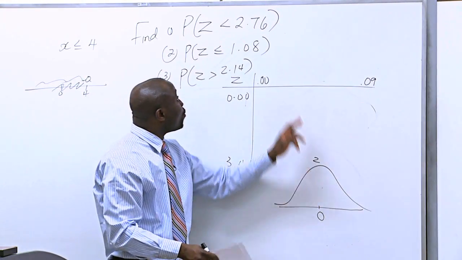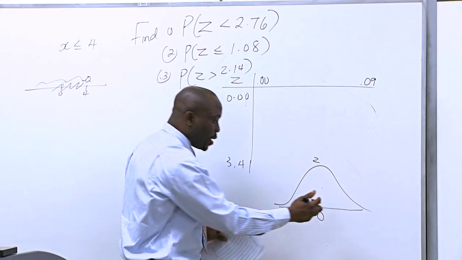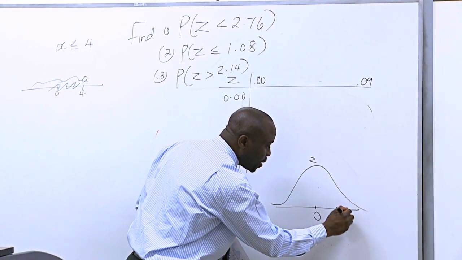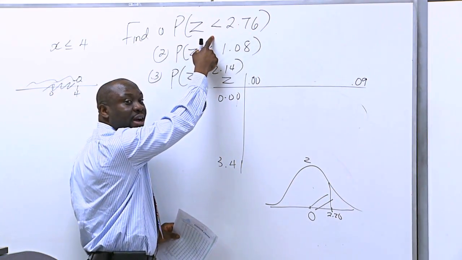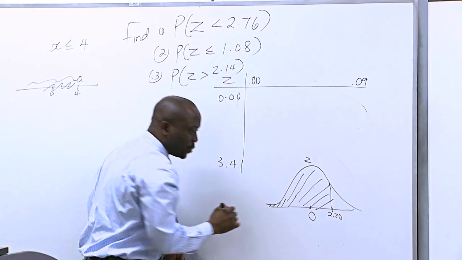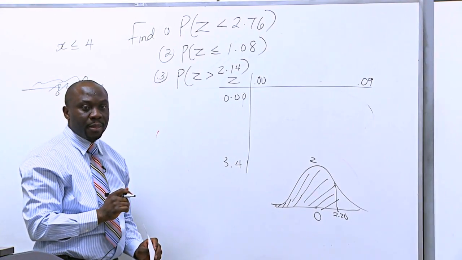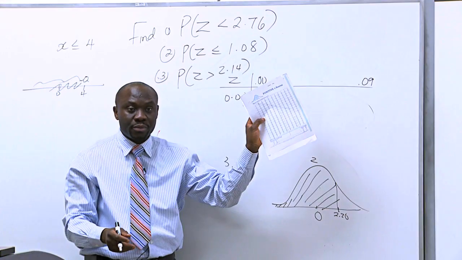If this is 0, where are we going to put 2.76? It's going to be somewhere here, right? And so we are looking for everything less than 2.76. So this is the diagram. But then we want the probability of this using the table.